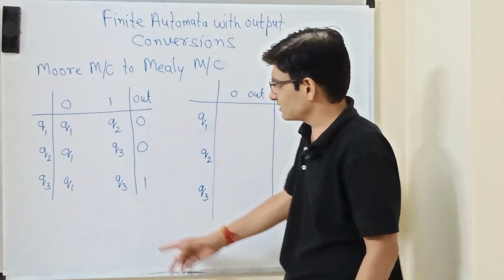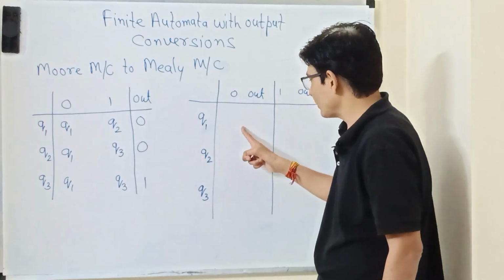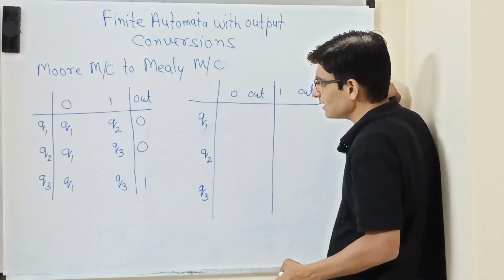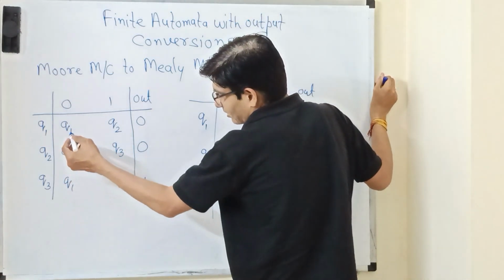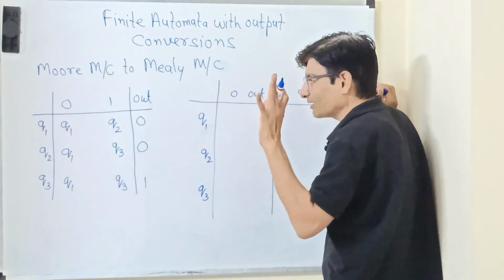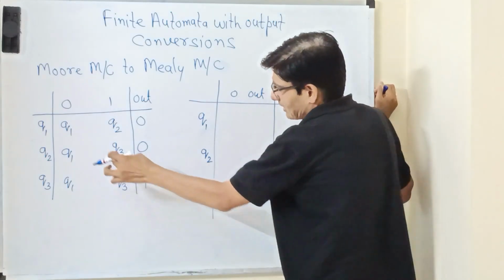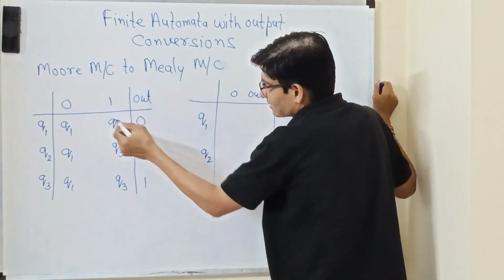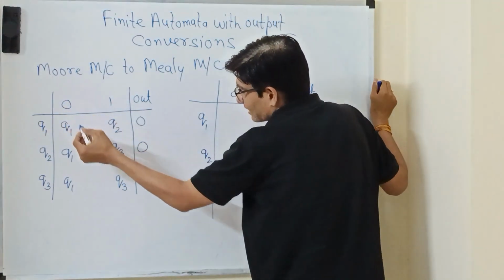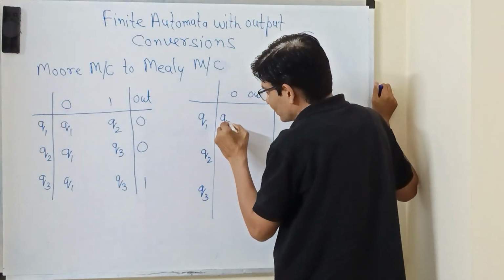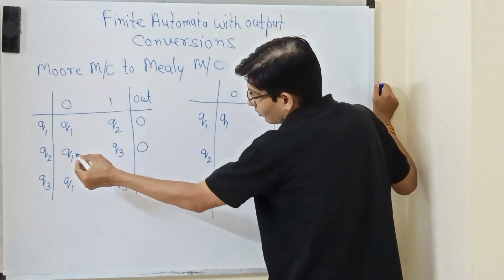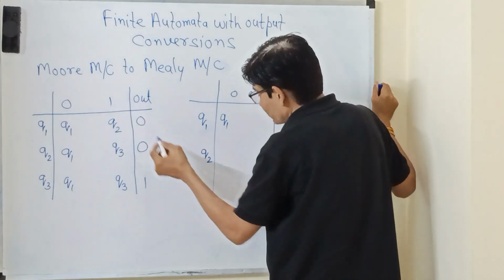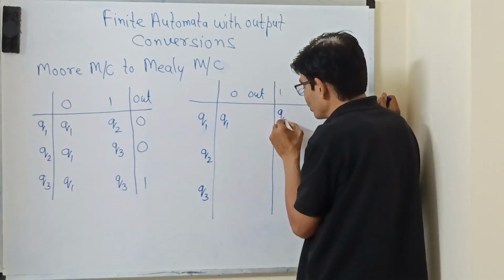So this is the Moore machine, and I'm going to convert this to a Mealy machine. You can see, for all transitions, the next states we will write as they are in the Moore machine table. So on Q1, if we are getting 0, we are staying on Q1. On Q1 if we are getting 1, we are going to Q2.